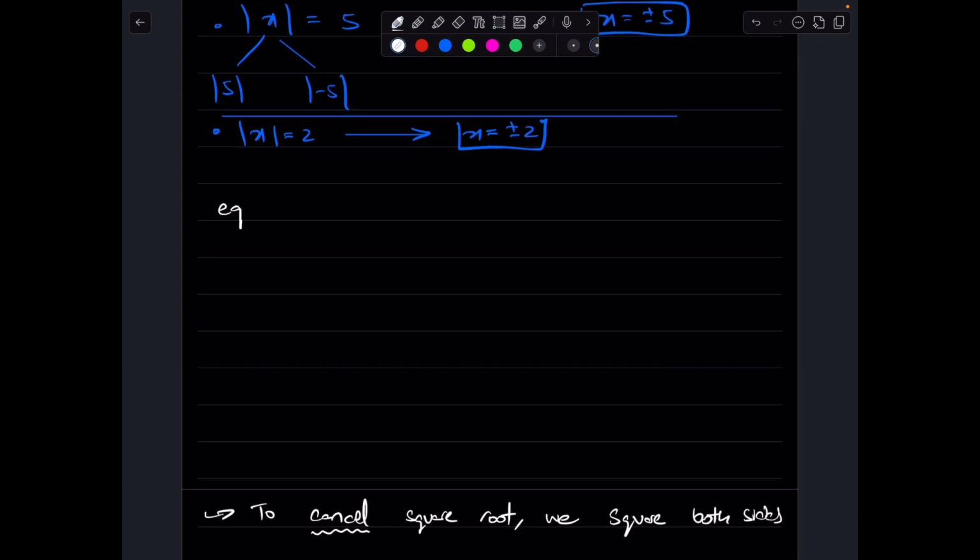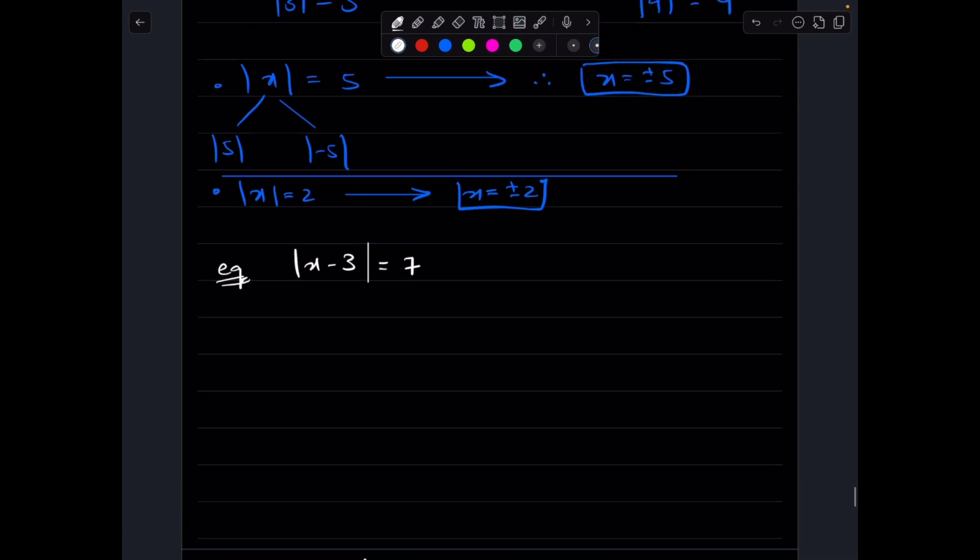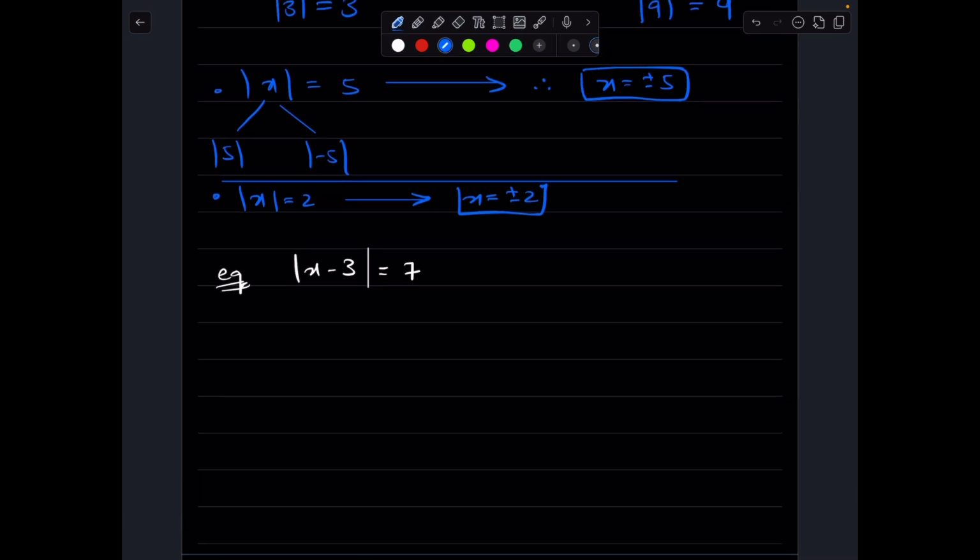And let's say I'm given that x minus 3 inside the modulus equals 7. So in this case, the first step will be the same. I'll write x minus 3 equals plus minus 7. So now I have two equations. I'll write both the equations separately.